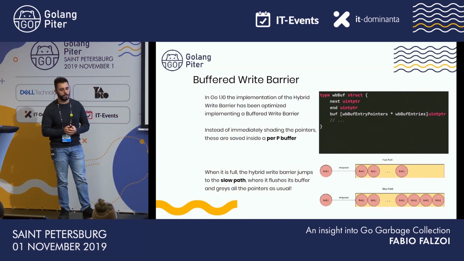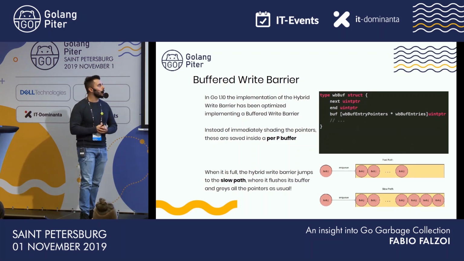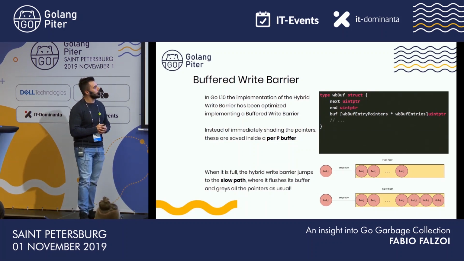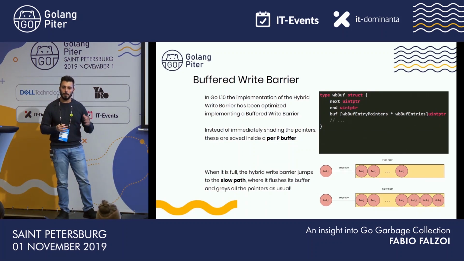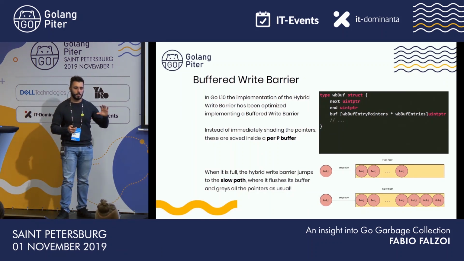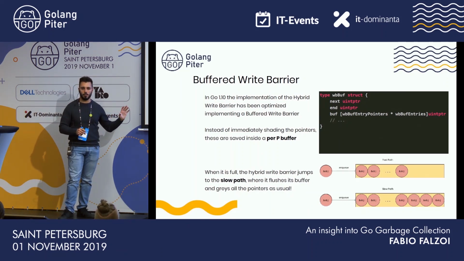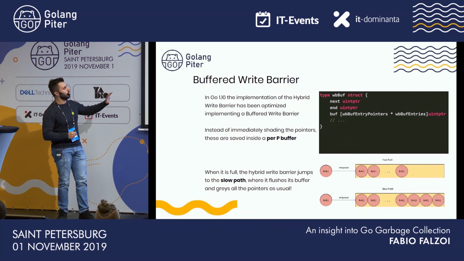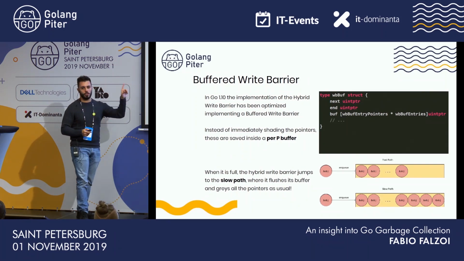But it is not enough. In Go 1.10, they decided to improve the implementation of this barrier. So despite being the same algorithm as before, the implementation of the buffered write barrier has been introduced, and here you can see the implementation in the Go runtime.